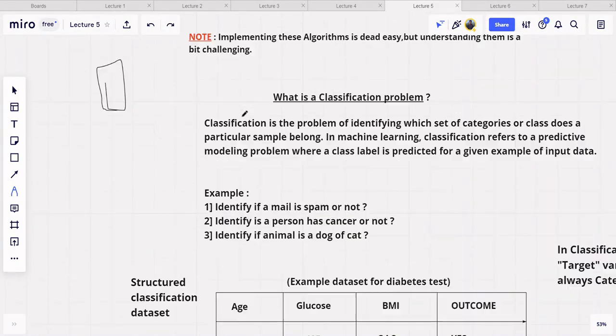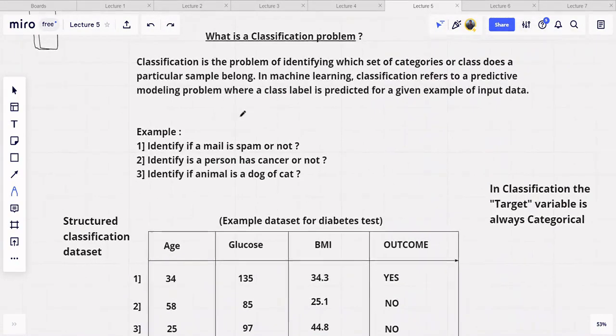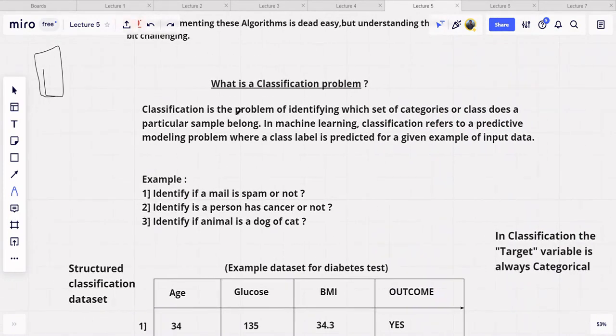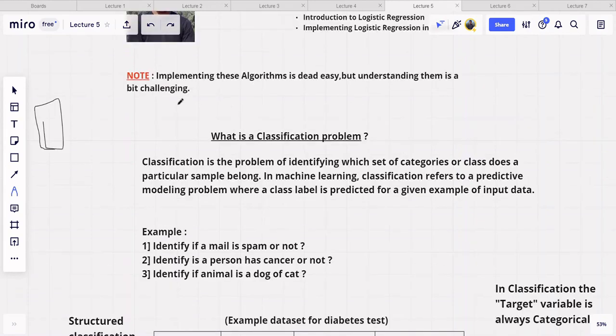Another example would be your spam detector. When you're using your email app or your Gmail app, there is a spam detector that comes with your application. Let's say this is your mail. What the spam detector does is identify if the mail is a spam or a ham.